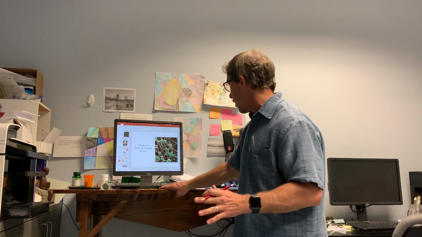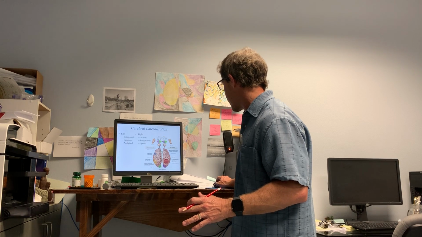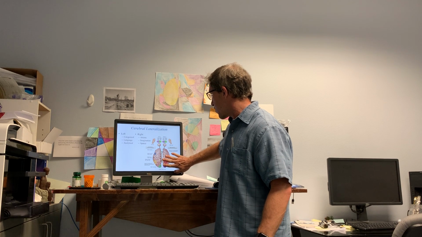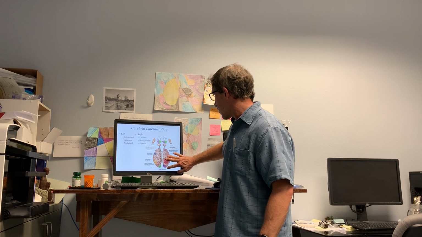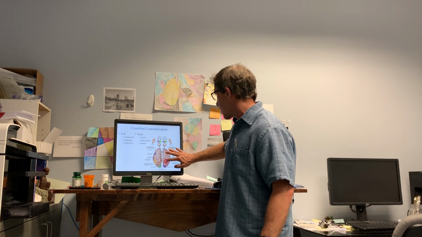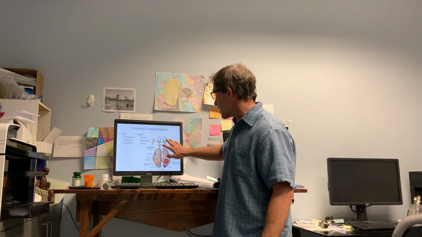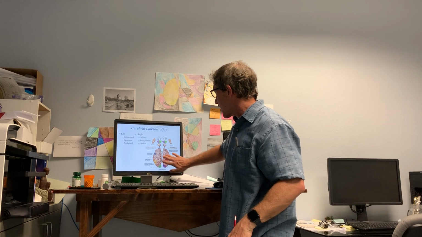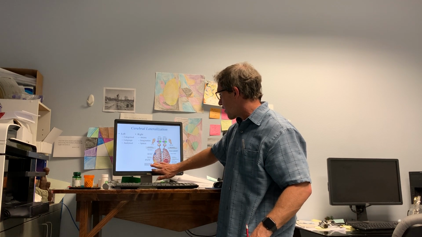Now your visual fields, and this is a little confusing. Your visual fields: the left side of your brain sees the right visual field, and the right side of your brain sees the left visual field for each eye.